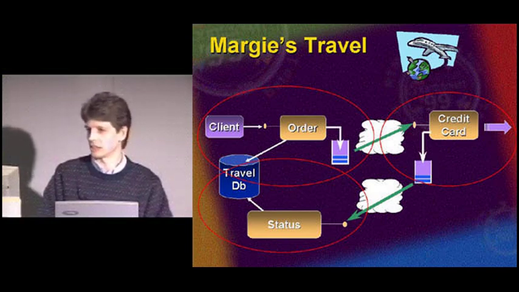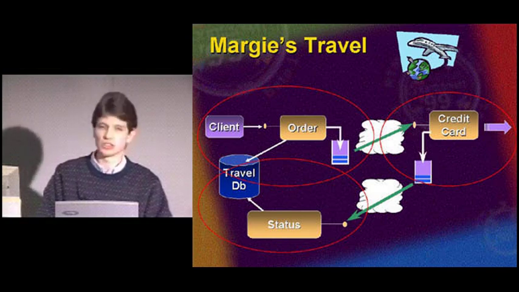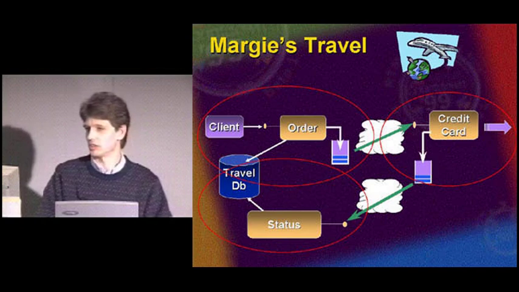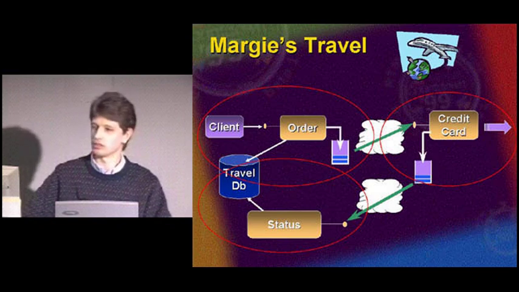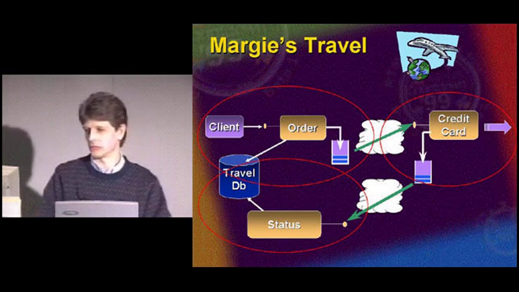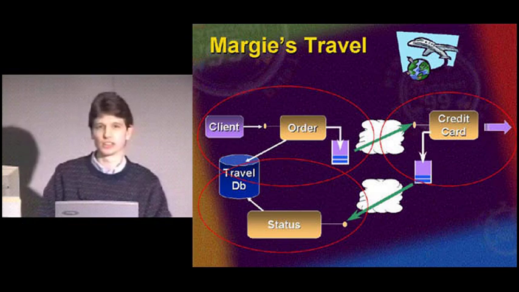Eventually the credit card object will pick up the message, do whatever it needs to do to check the credit card details, and post a message back to the credit card queue as a notify object. That then gets passed back to the client, which may instantiate a status object, which then updates the travel database.